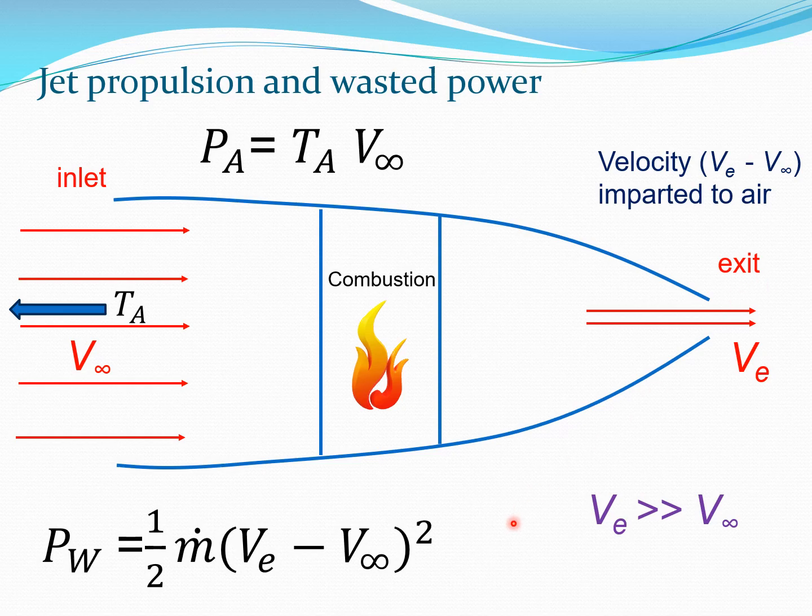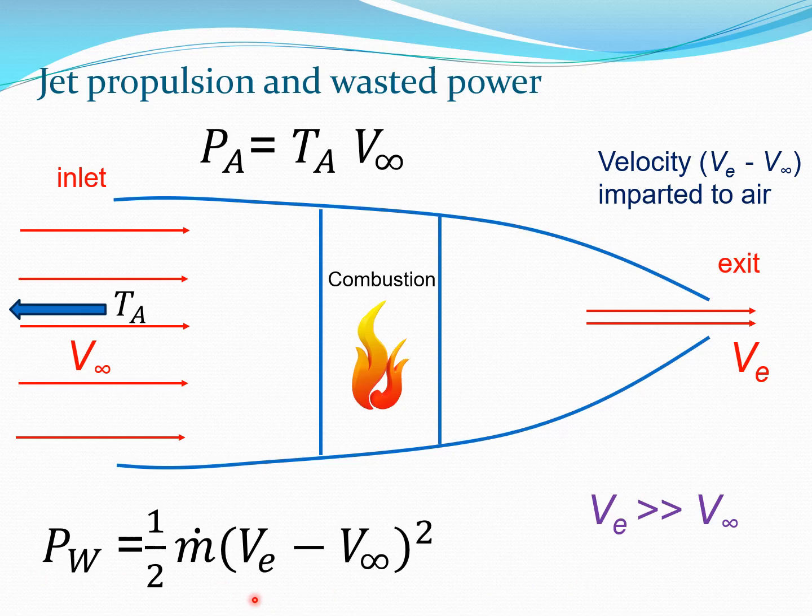Now we can say that there is a power associated with this particular velocity, and this power is going to be half m dot (Ve minus V infinity) squared. So that is the change in the velocity between the exit and the inlet, the square of that, times the mass flow rate which is going through.